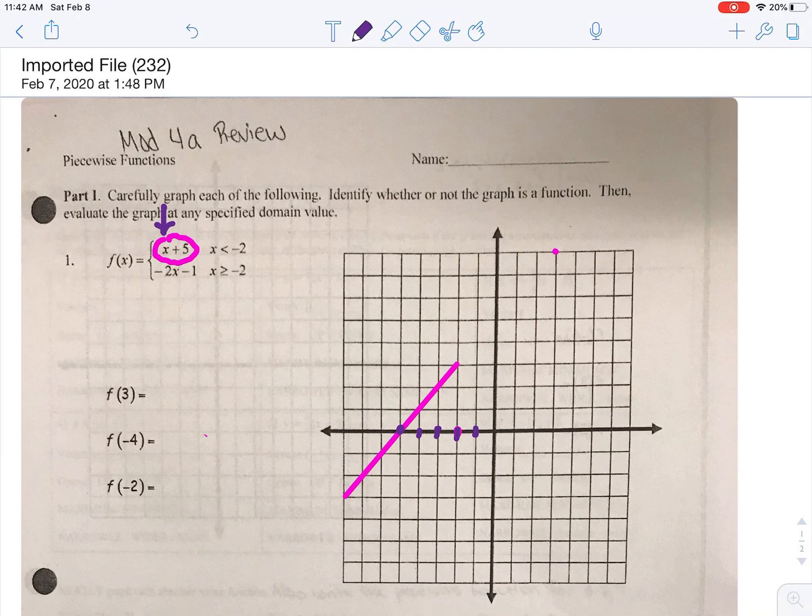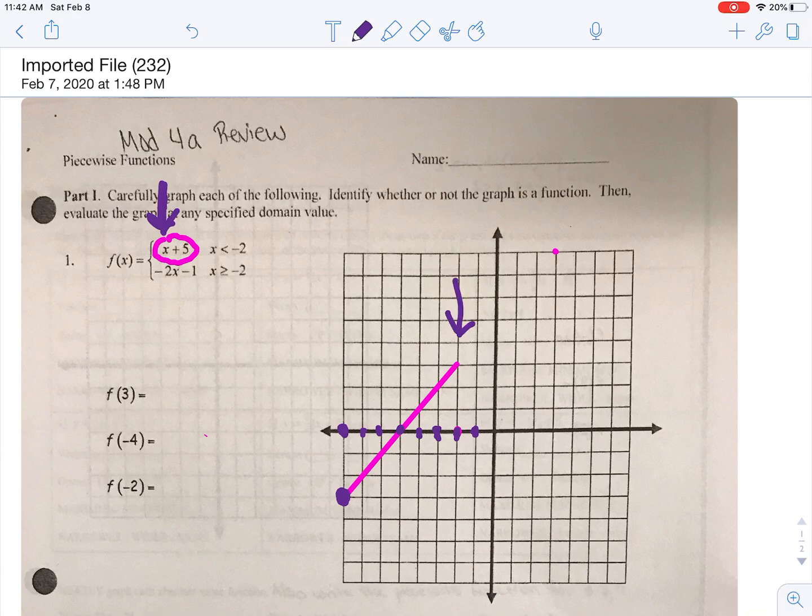So I could put a dot there. Then let's say I wanted to go for this dot right here on the graph. That is -8. If I put -8 into the equation, -8 plus 5 is, you guessed it, -3. So I could get my points on the graph that way too.